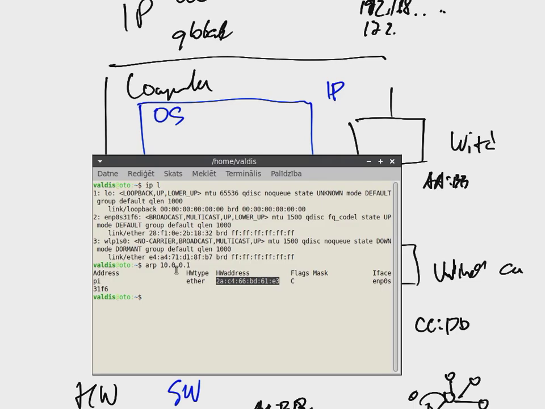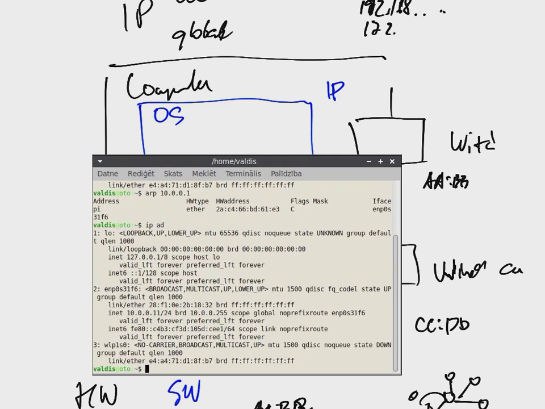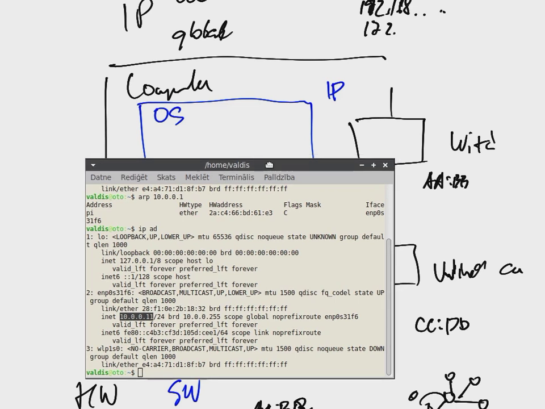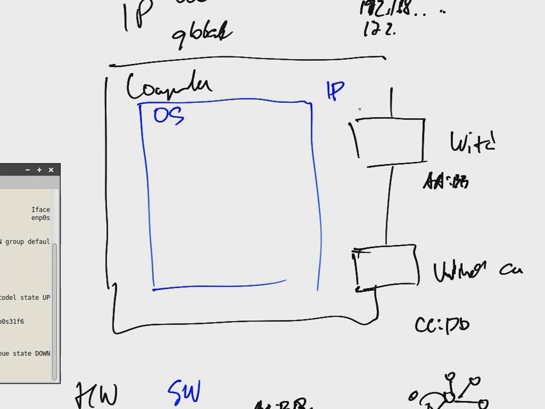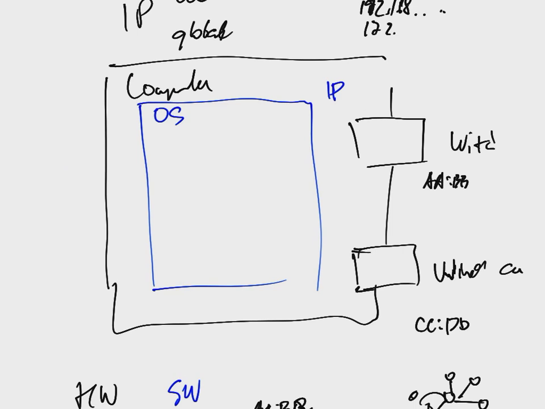In my particular case, you see that the Internet Protocol address for my computer is 10.0.0.11.